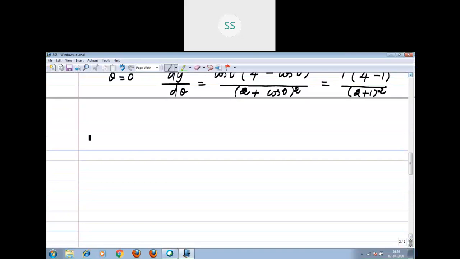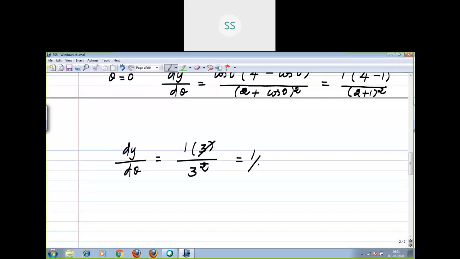Now dy by d theta equal to 1 into 3 divided by 3 square. So 3 and 3 cancel, you get 1 by 3, right? When you substitute theta is equal to 0, your derivative is greater than 0.